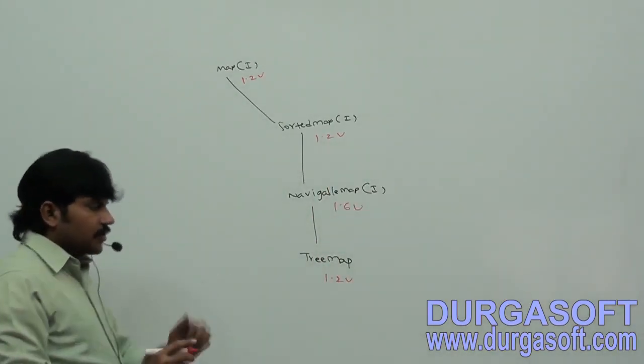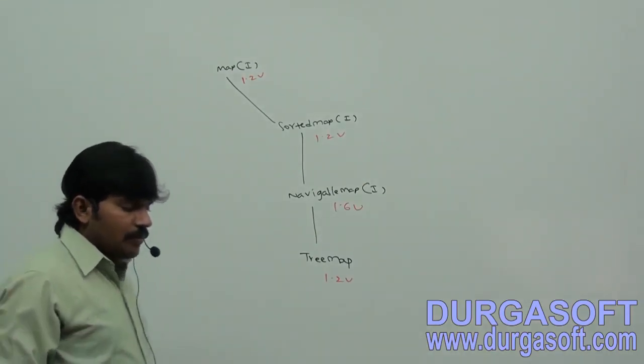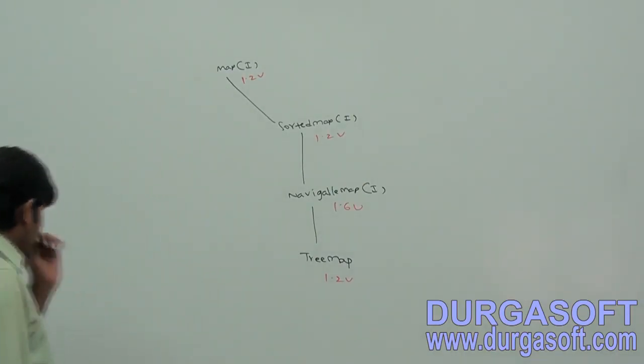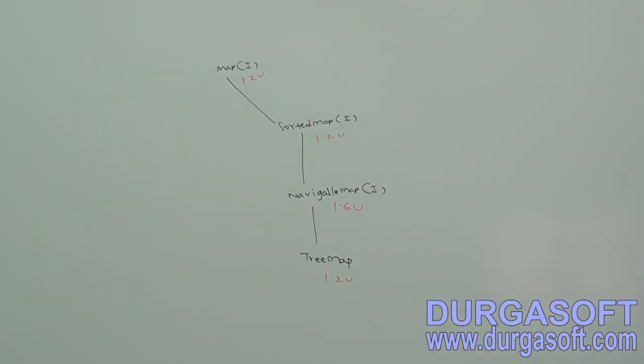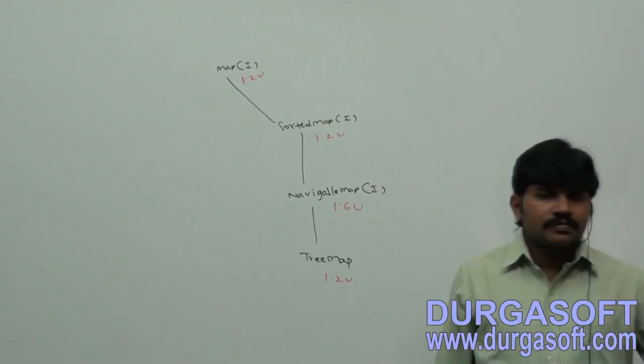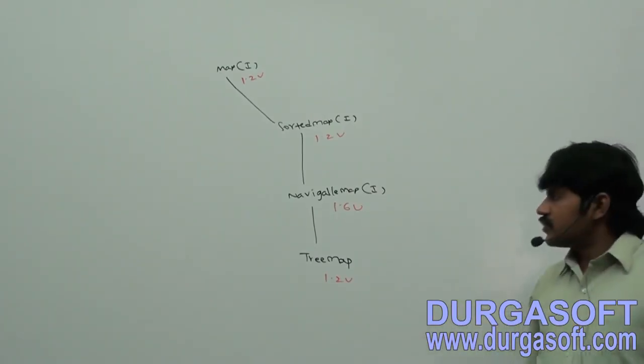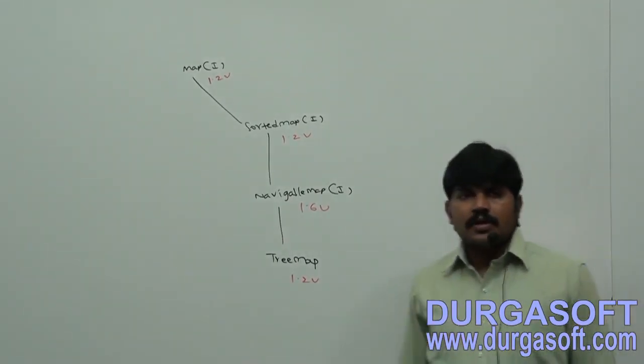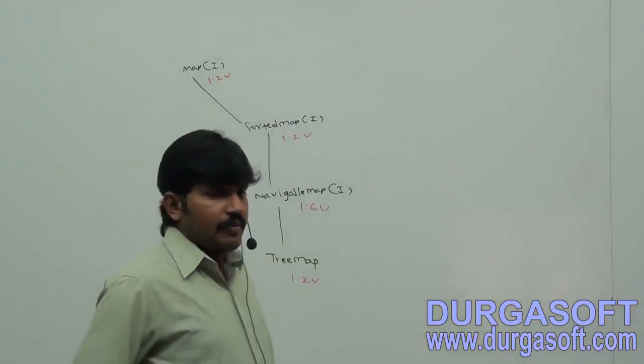Add the theory first. Navigable map is the child interface of sorted map.